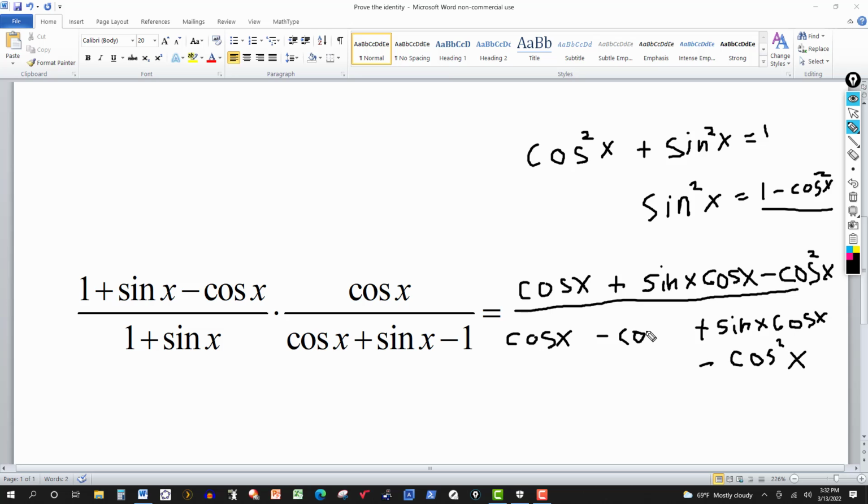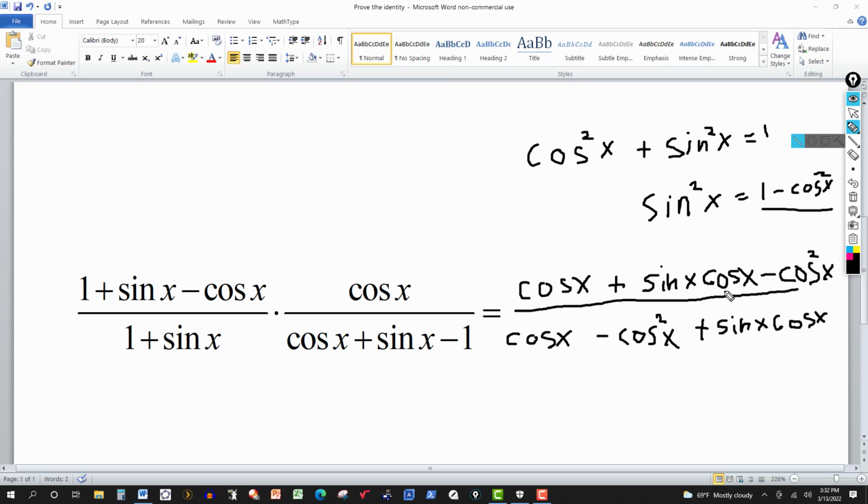Just rewriting it here. Okay, instead of over here, just took it out here. So now what I have, numerator have a cosine of x, denominator have cosine of x.